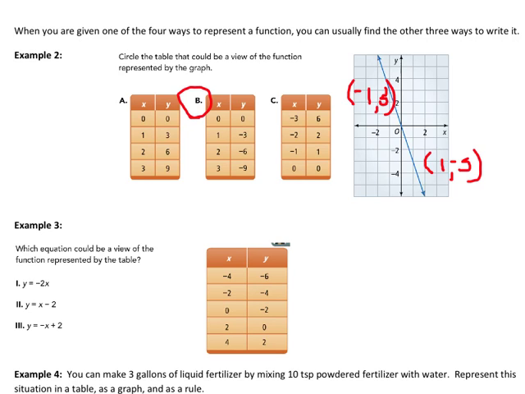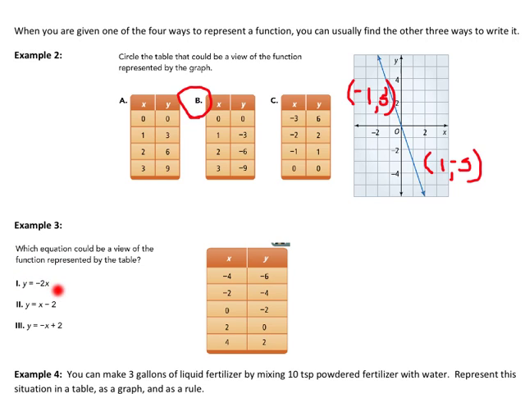In example 3, which equation could be a view of the function represented by the table? So this time we're looking at a table, and we're trying to match which one of these matches the table. So if I choose the point 2, 0, so when x is 2, I should get y equaling 0. So if I plug 2 in for x, do I get 0 out for y?